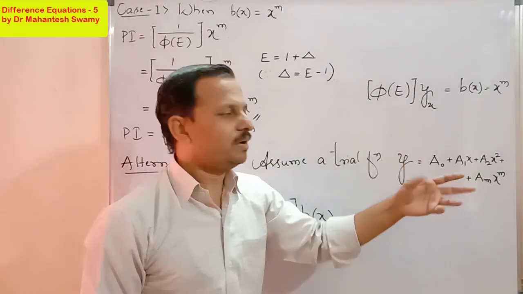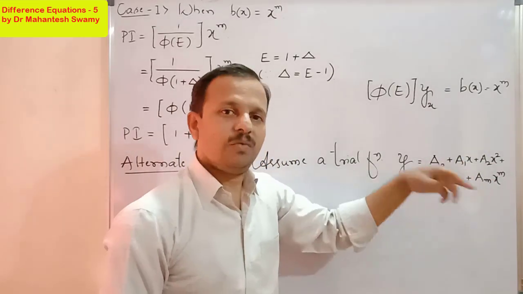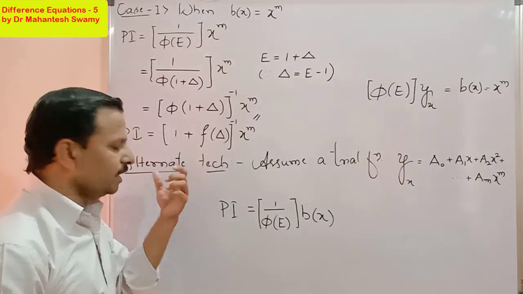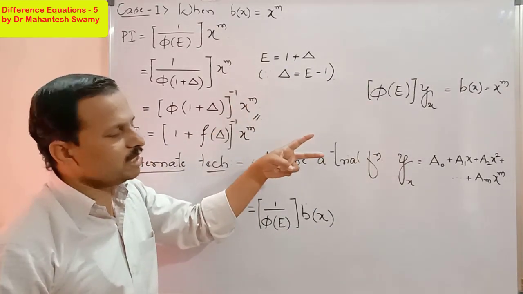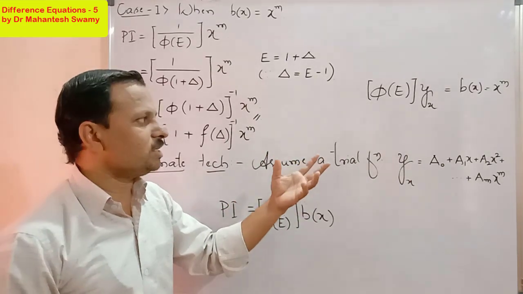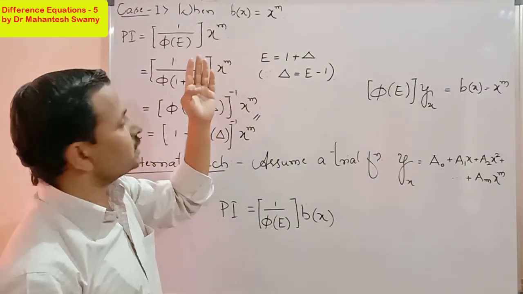After that, if we substitute those coefficients here in this expression, we get the required particular integral. So this is another alternative technique. Both of these two techniques I will be using while solving the problems. So let us consider the first example on this case number 1.